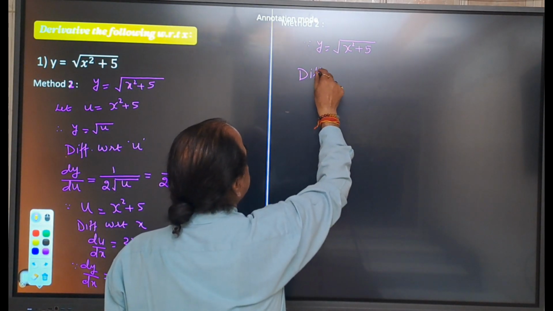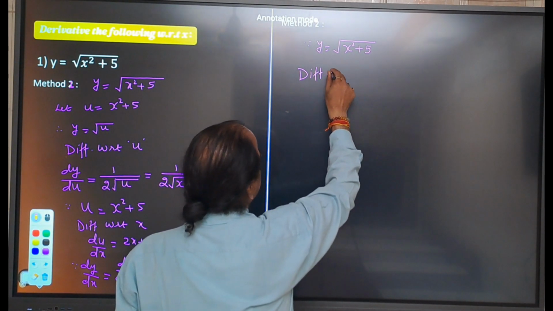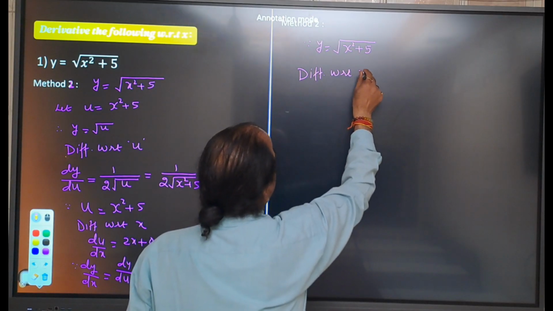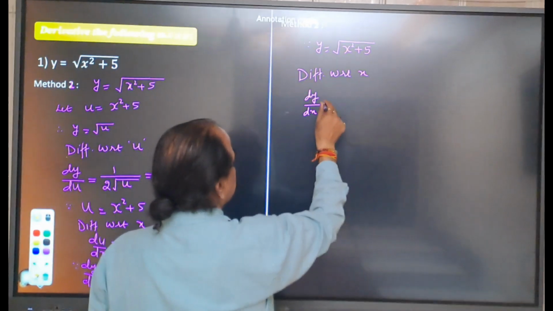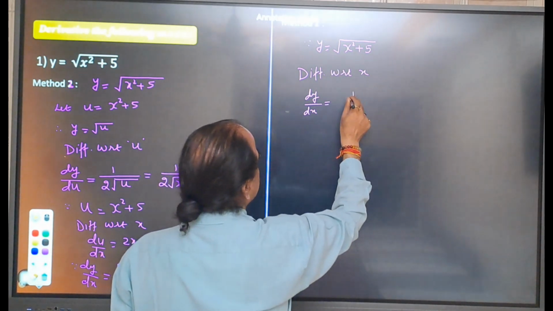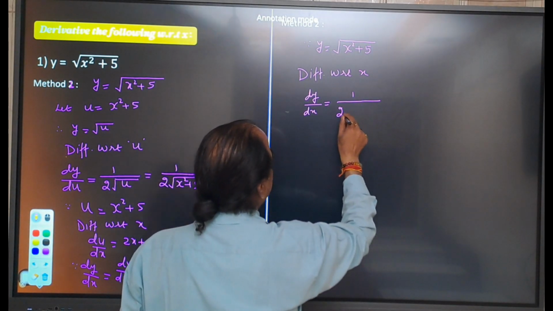Now here we are differentiating directly with respect to x. So derivative of y with respect to x: first you take derivative of root. Derivative of root is what? 1 upon 2 root.